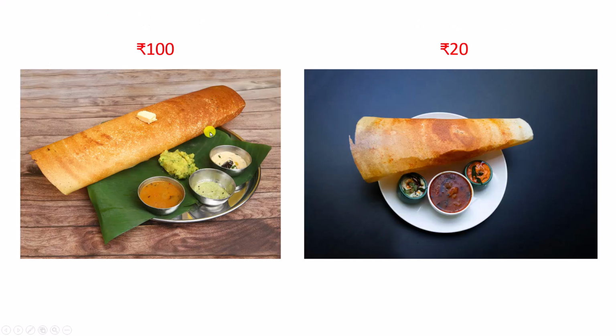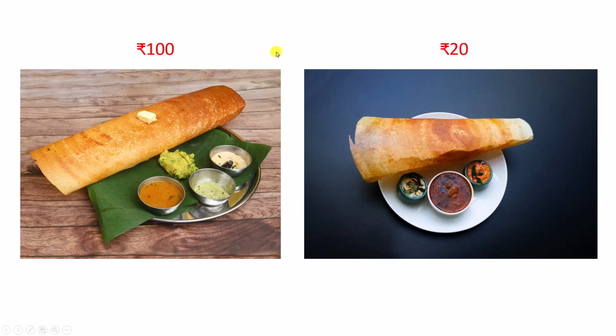Okay. Now let me give you an example to understand this. Let us say that there are two hotels. Okay. This hotel, this hotel. In this hotel, one plate of masala dosa is selling at 100 rupees. If you want to eat one masala dosa at this hotel, you have to pay 100 rupees. At this hotel, if you want to eat one masala dosa, you will have to pay 20 rupees. That's all. Okay.